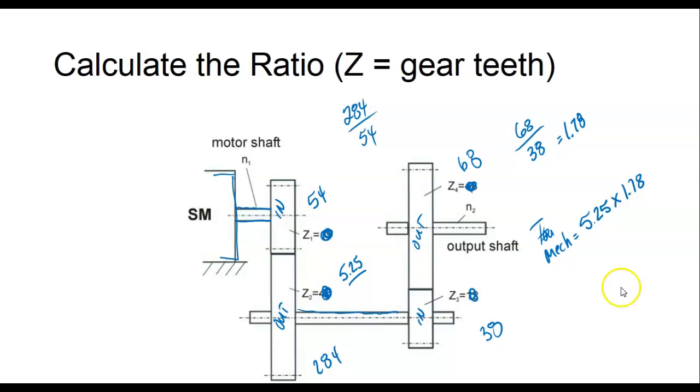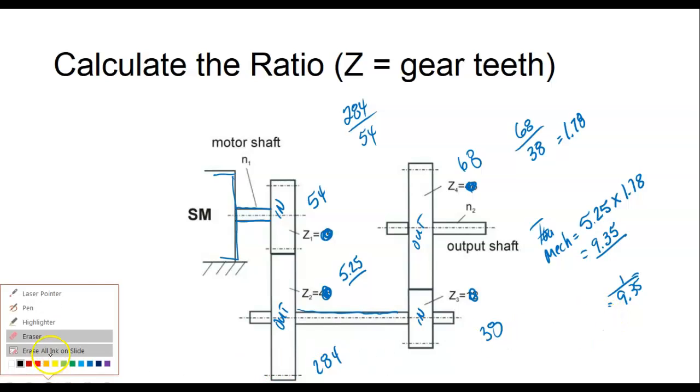Now this is the torque multiplier, and then my speed multiplier, my speed would be 1 over 9.35. So this is a speed reducer, torque multiplier.